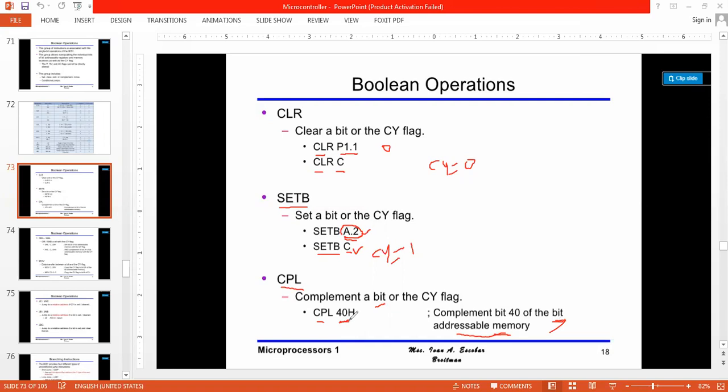Each single bit has a different address from 00 to 7F. Into those, the 40H bit is going to be complemented. If it was 0, it will be made 1. If it was 1, it will be made 0. Okay.